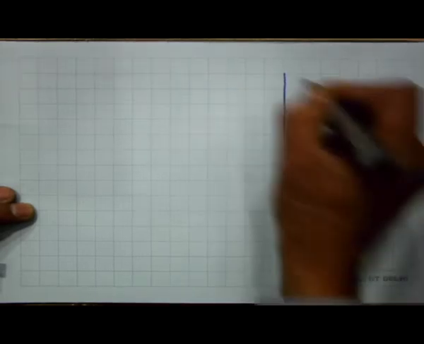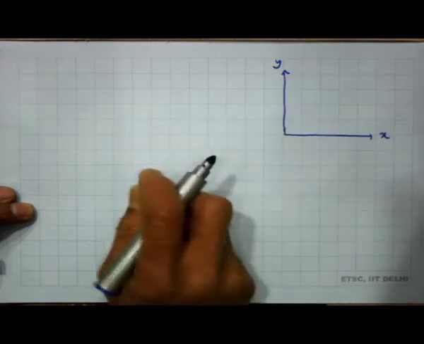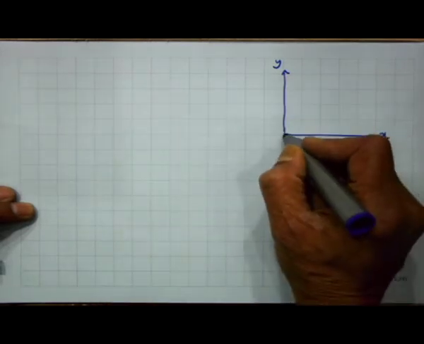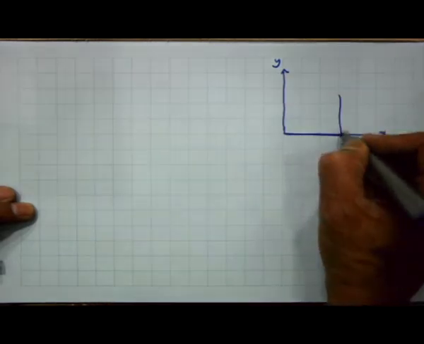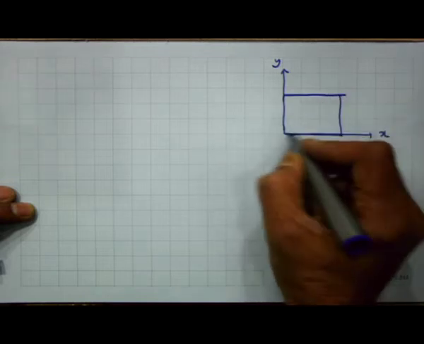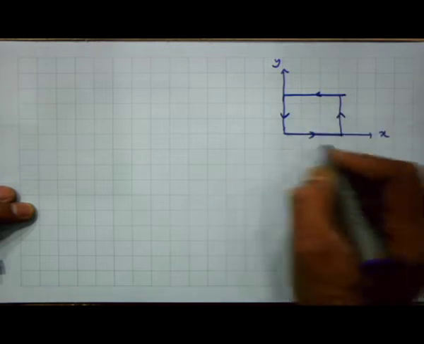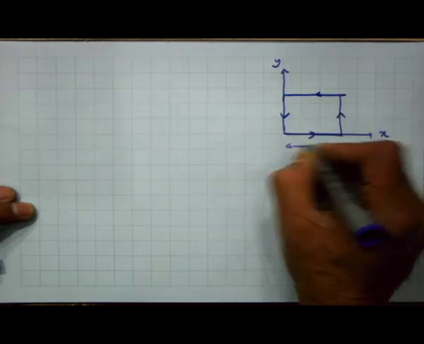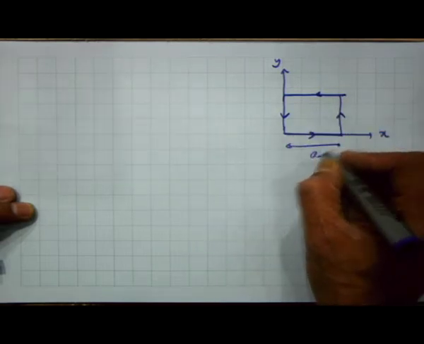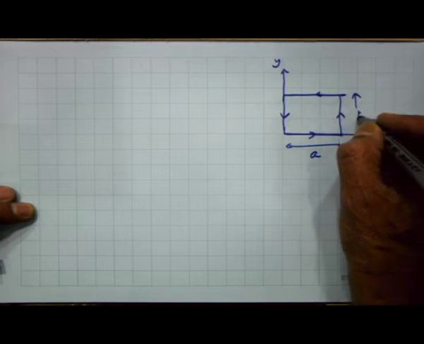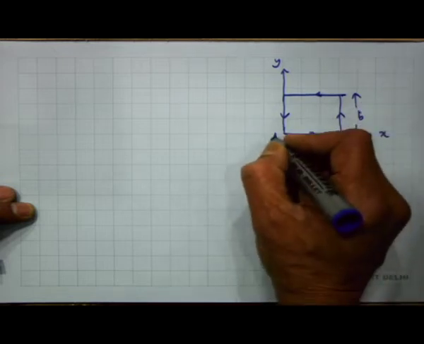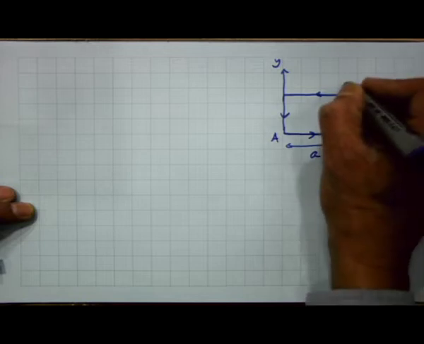This is x axis, this is y axis. So, I take a path in this form. I start from the origin and complete one complete rectangular path here. Let me call this A, B, C and D.